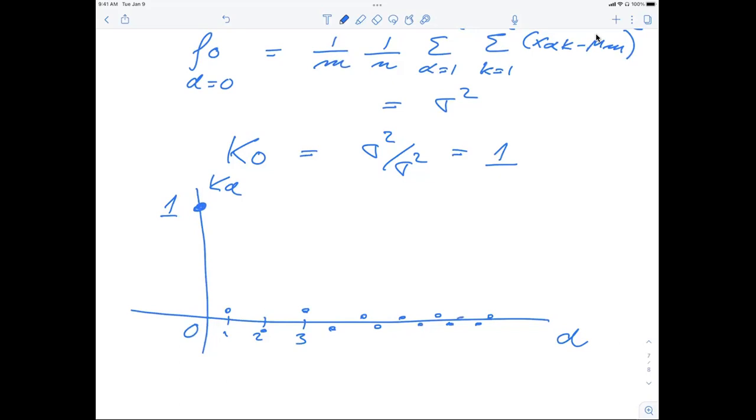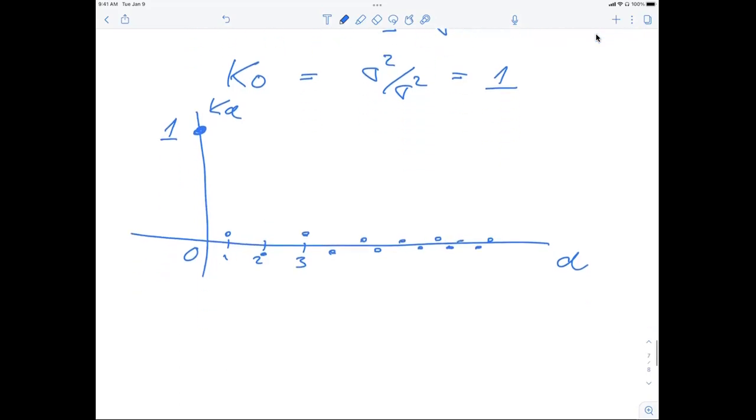Now, when I use this function f of d, what happens then is that I can actually rewrite this sigma m squared in terms of this sigma squared divided by n plus 2 divided by n. And then I'm going to have a sum from d equal to 1, and this runs up to n minus 1 of this function f of d.